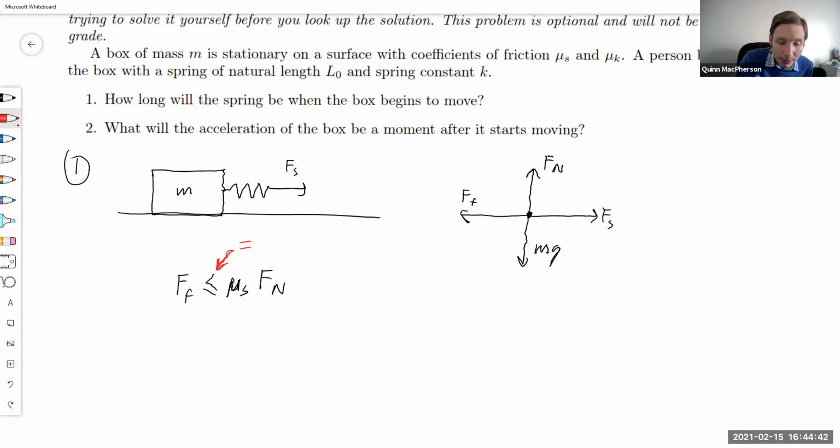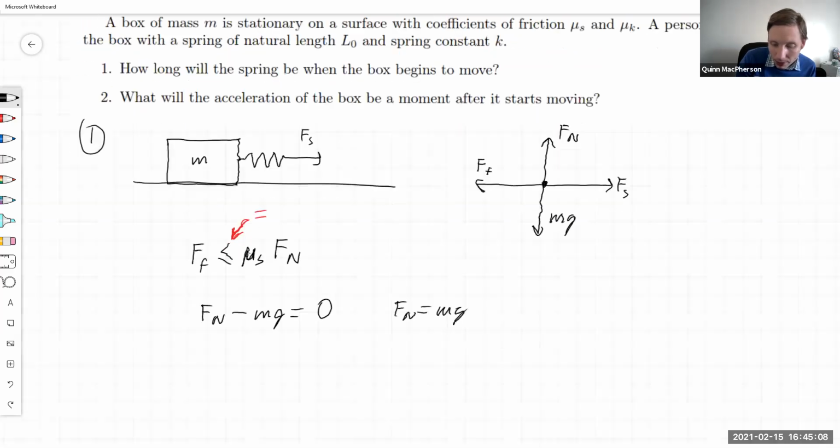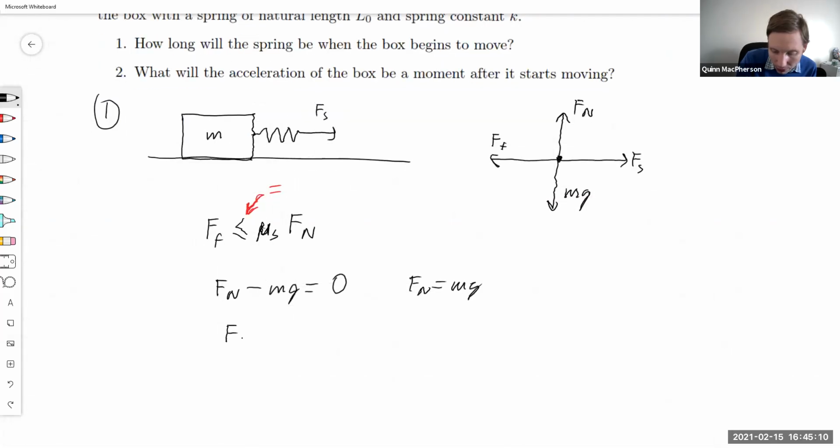Oh, well, that begs the question, what is Fn? So doing the sum of forces in the y direction, there's no acceleration in the y direction, so we just get force normal minus mg equals 0, aka force normal equals mg. Hence, force friction is equal to mu s mg.